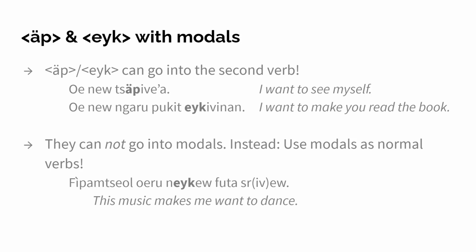So the pamtsiol gets the L ending because it's the thing that causes us to do something. The futa builds a subclause with the T ending. So the thing that I want is in this subclause. The sreo, I want to dance, or it causes me to want to dance, it's our direct object. And the oe gets the ru ending because I'm caused to want something. And of course there is an eik infix in the neo now.